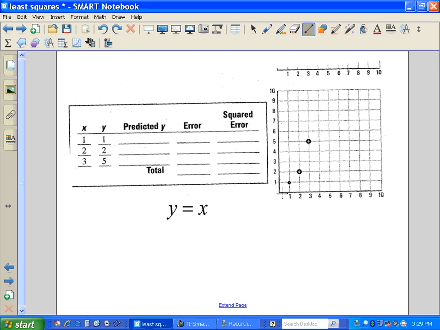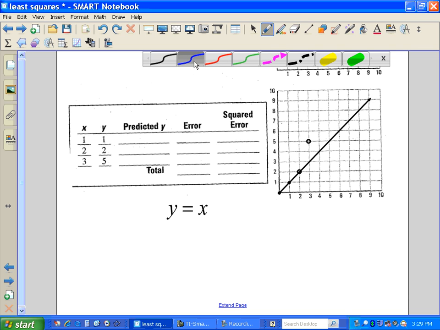So that's the line where it's 0, 0, 1, 1, 2, 2, 3, 3, 4, 4, 5, 5, and so on. Okay, notice that maybe this isn't the best line for this data because this distance here is pretty big. This point is fairly far away from this line.